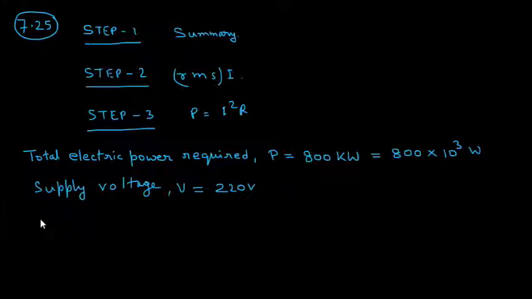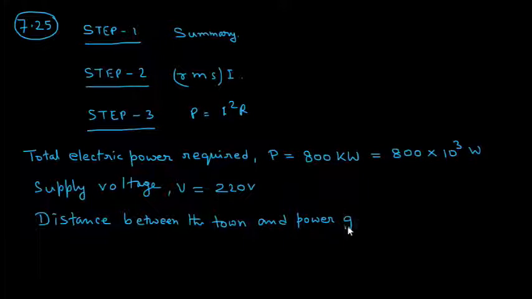Distance between the town and power generating station D is equal to 15 kilometer.